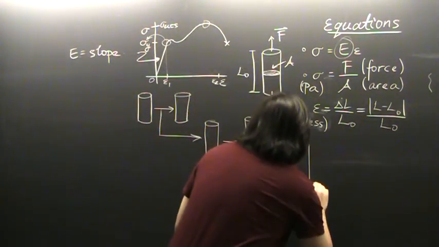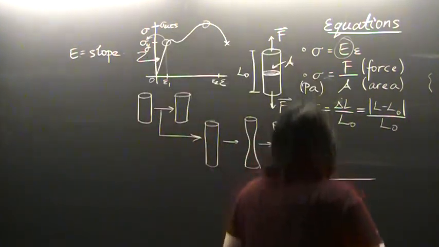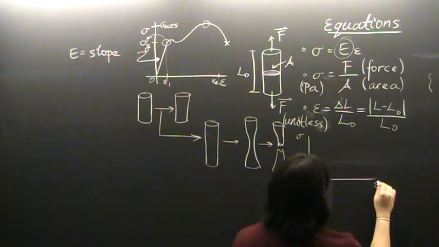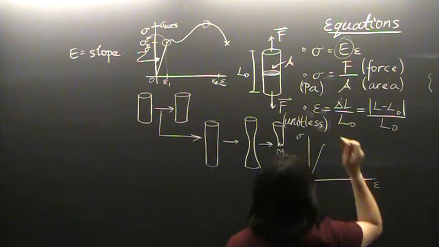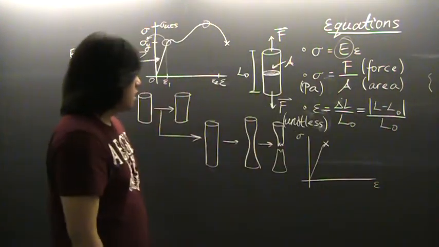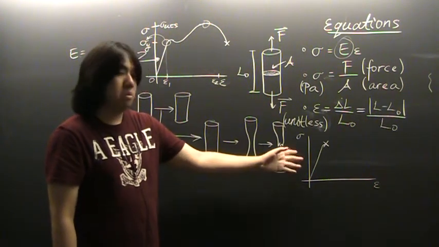So if you have a brittle material like concrete, you'll just have a straight line up, and then maybe some very small amounts of plastic deformation, and then you'll just break up there. So if you see any stress strain curve that looks like this, it's going to be a brittle material.